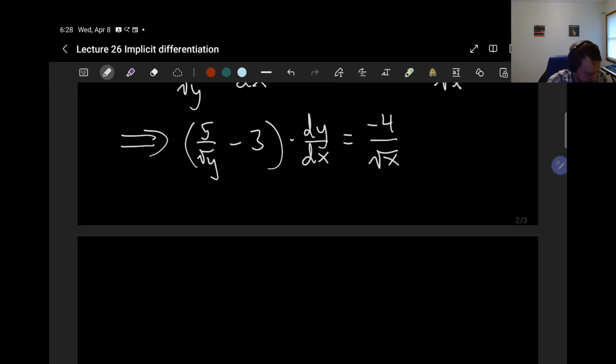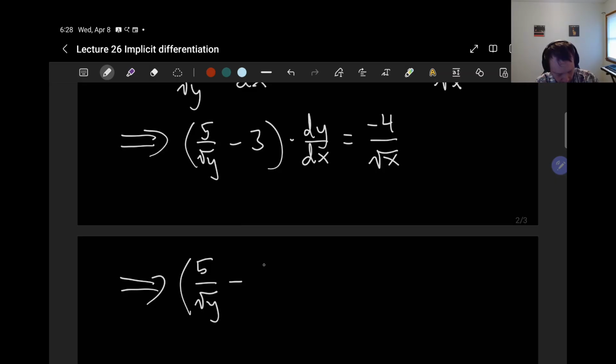Okay, so next up, I'm not sure if I would say that you necessarily have to do this next thing, but I think it's kind of nice for simplifying. And this is how Pearson presents their answer in the homework, too. It might be nice to get this as a single term by getting a common denominator. So if I could write the 3 as 3 root y over root y.